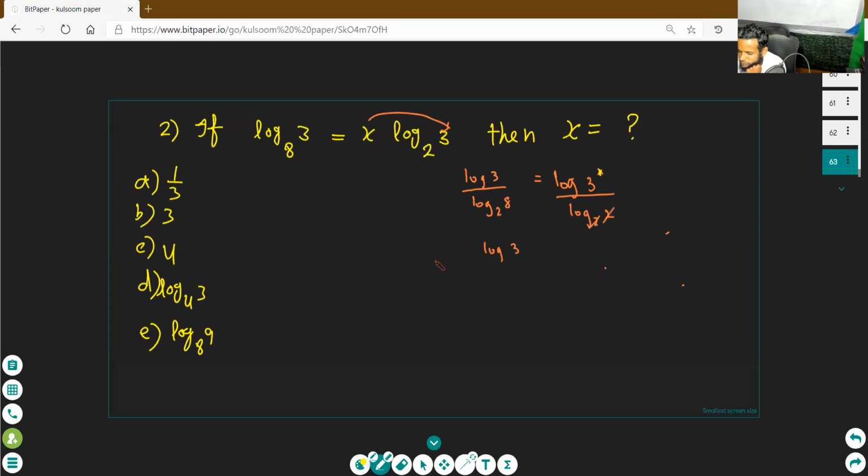Log 2 of 8 is 3, and this is also x. And log 2 raised power 3, multiply.